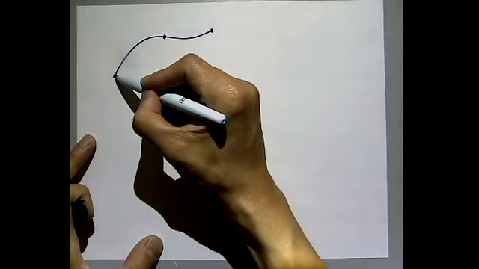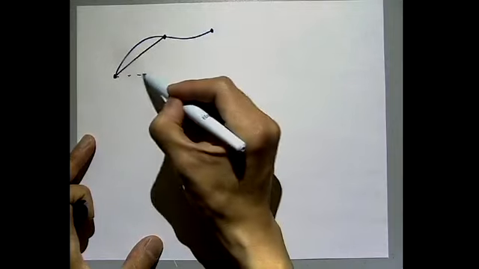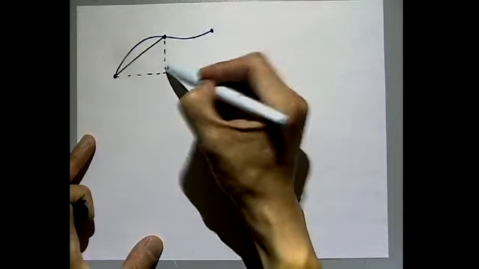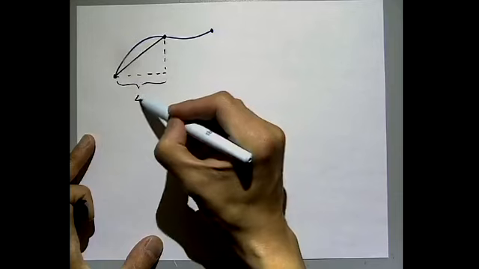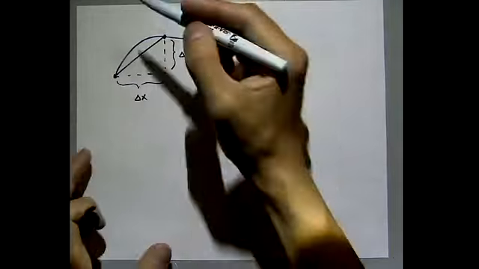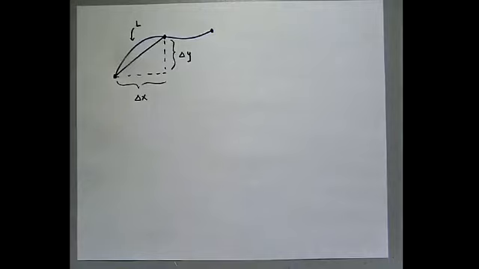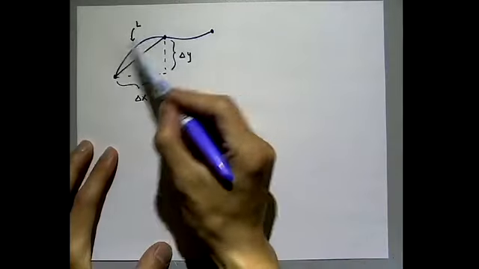All right, so remember, the way we did that was we chose 2 points on the curve. We wanted to find the length of that curved portion.